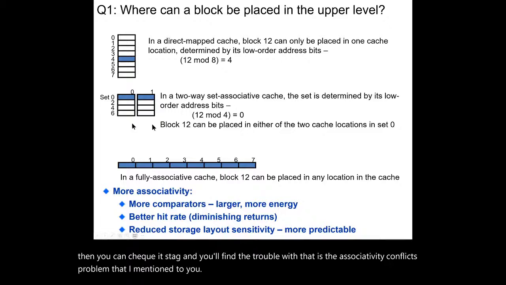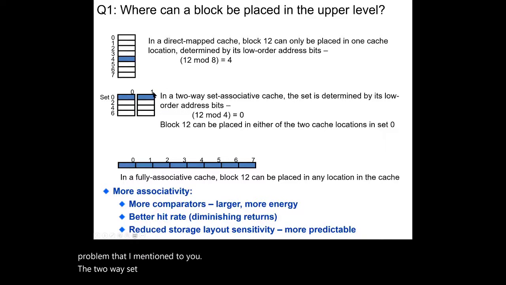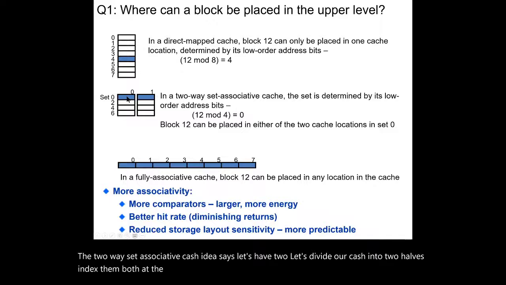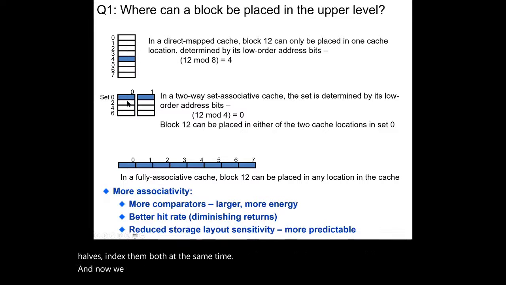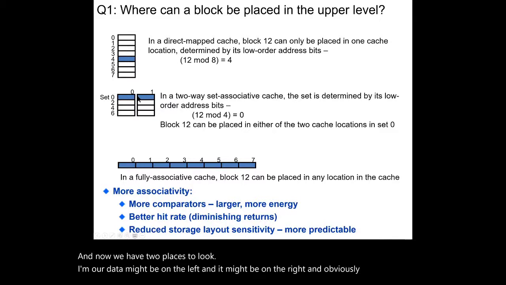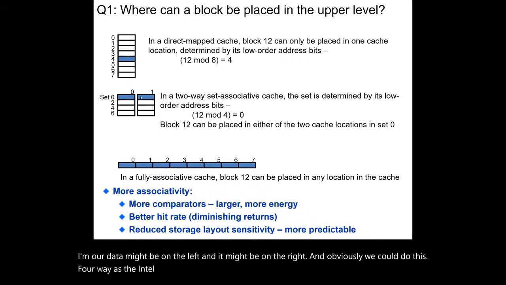The two-way set associative cache idea says let's divide our cache into 2 halves, index them both at the same time, and now we have 2 places to look. Our data might be on the left and it might be on the right, and obviously we could do this 4-way as the Intel Prescott cache did, or even more.